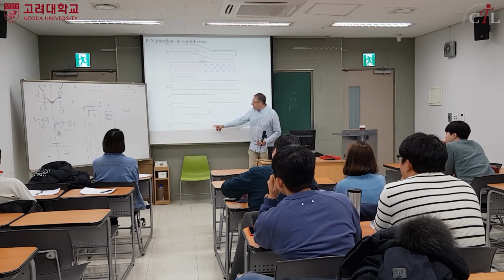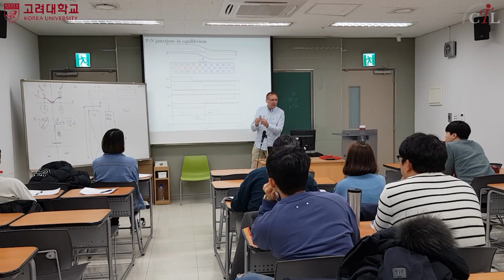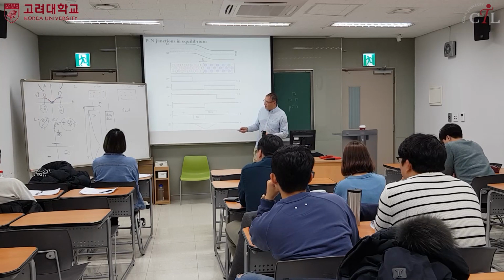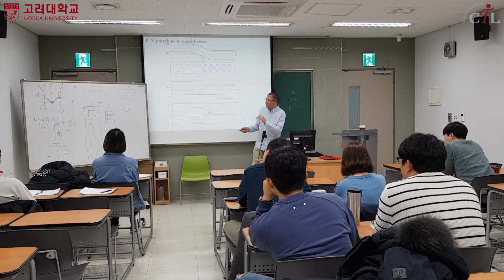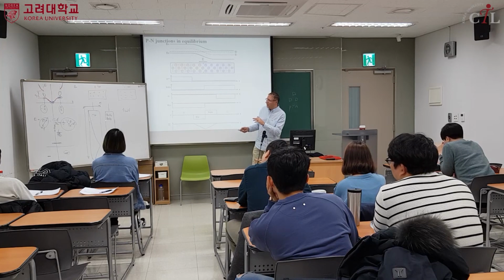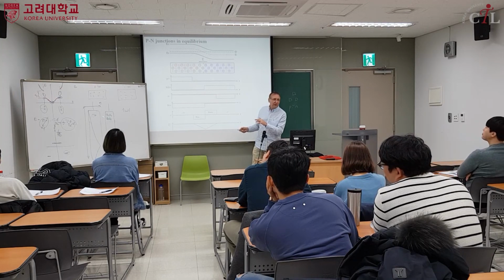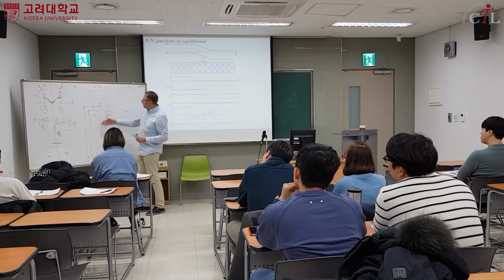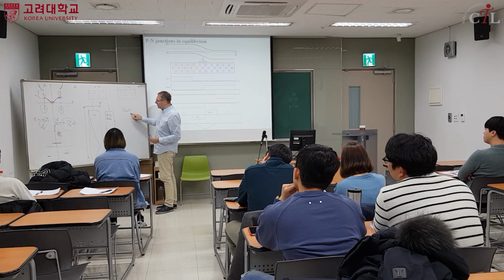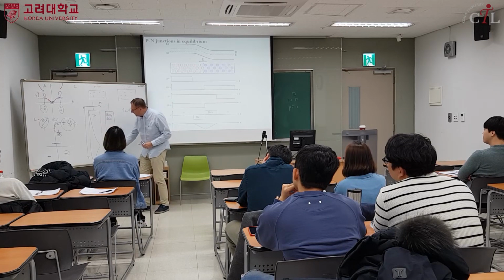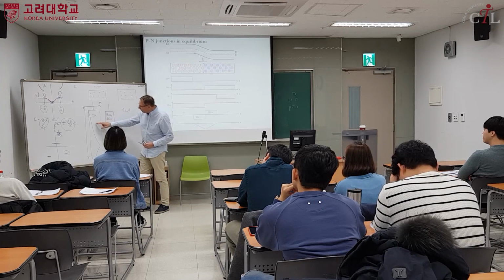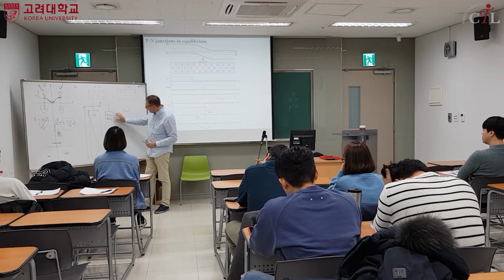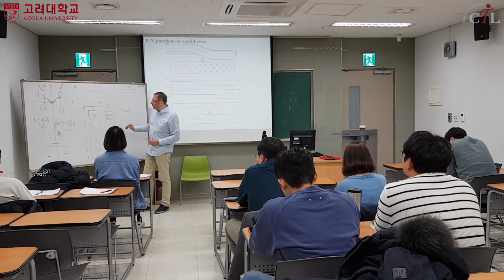If I put too much field in too small a volume, the material will not tolerate that. This parameter is low in silicon and fortunately high in some other materials. So if I want to make a silicon component to block this, I have to use more material because of the low breakdown field. Here the breakdown field is high, so I can make it smaller for the same doping concentration.